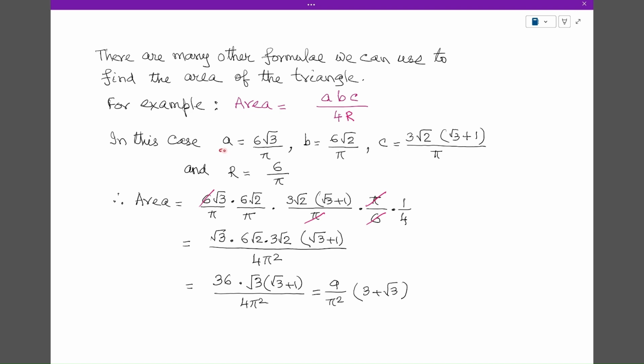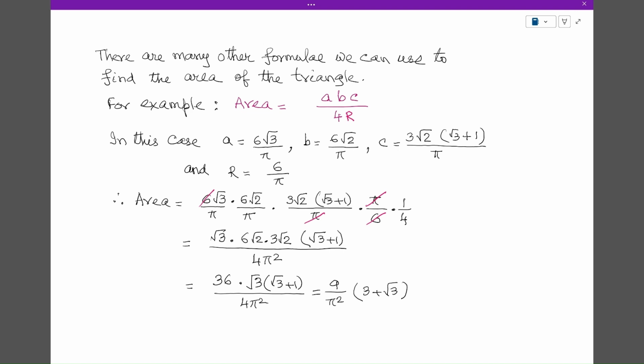In this case, A is equal to 6 root 3 by pi, B is equal to 6 root 2 by pi, and C is equal to 3 root 2 multiplied by root 3 plus 1 divided by pi, and R is equal to 6 by pi. We have found out all these values earlier. Therefore, area will be, this is A, this is B, this is C, and this is 1 by R, and this is 1 by 4.